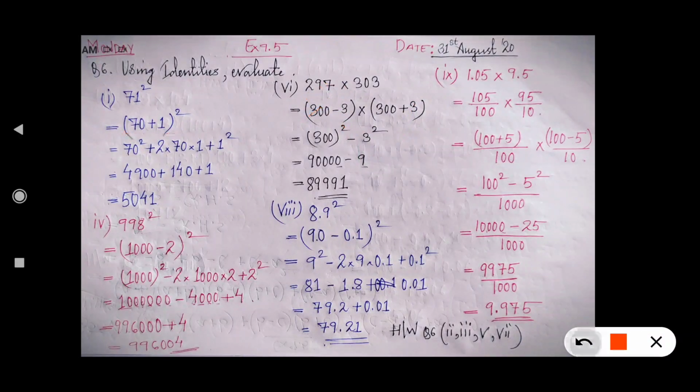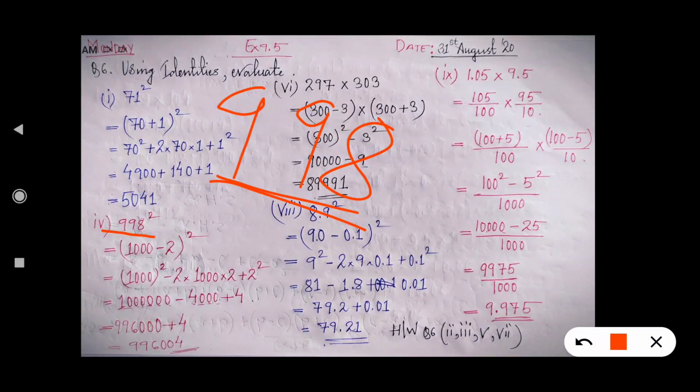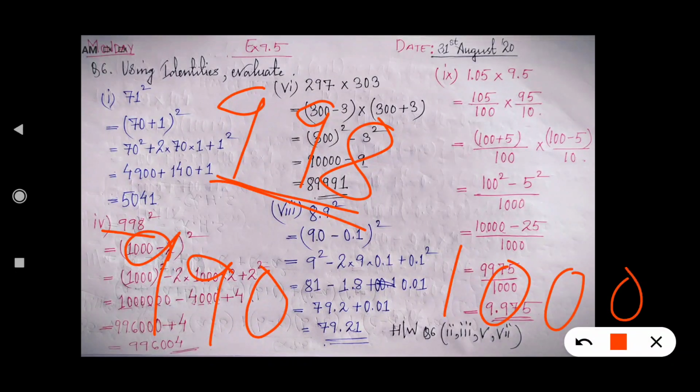That is Roman number 4. If you see here, 998 square. Now 998 lies between which two numbers which end with 0? It lies between 990 and 1000, so it lies nearer to 1000. That means we'll take 1000.